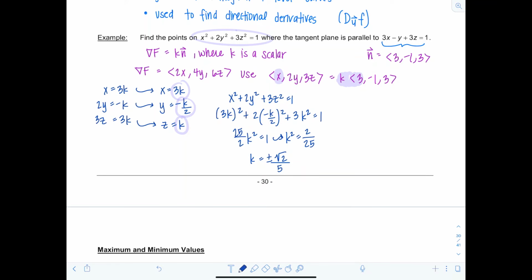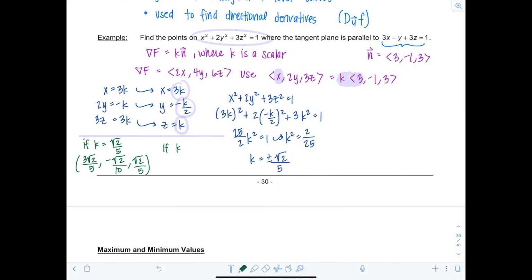All right, well, we have a couple possibilities then. So let's list everything out nicely. To begin, if k is equal to positive rad 2 over 5, then x would be 3 times that, so 3 rad 2 over 5. y is negative rad 2 over 10, and then z would be equal to k, so rad 2 over 5.